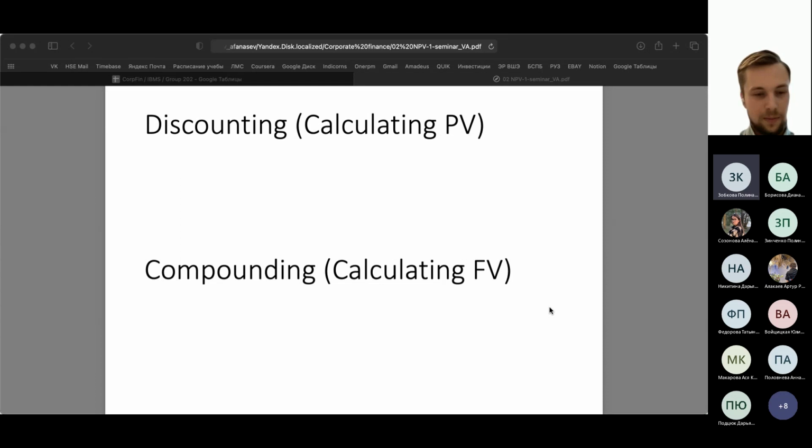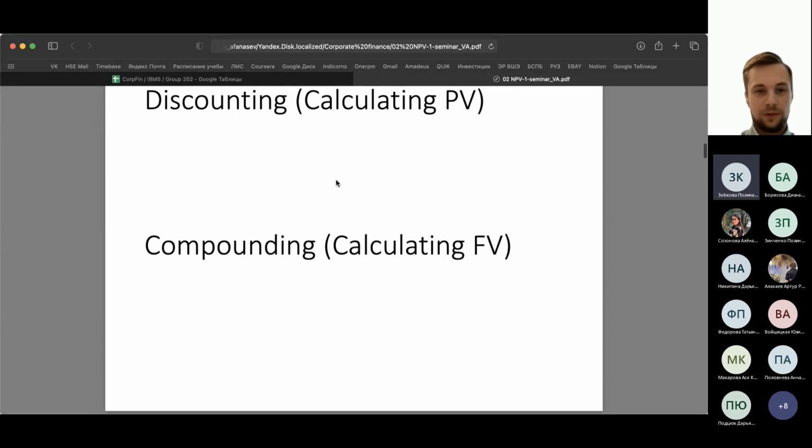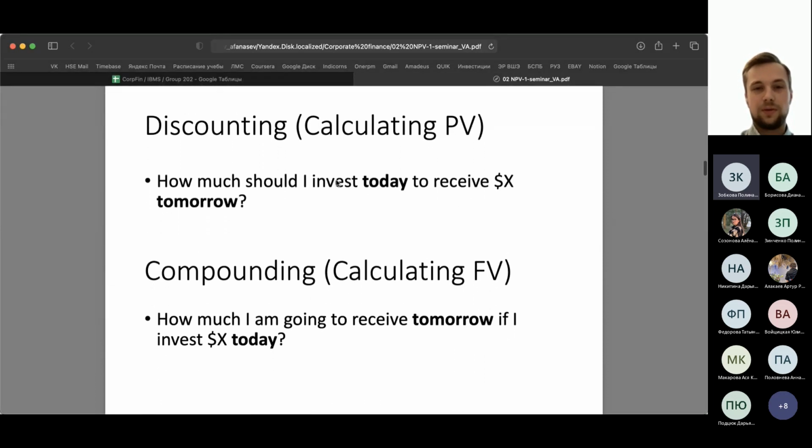Yes. In other words, when we are talking about discounting, we are answering the question: how much should I invest today? So what is the present value of my future cash flows, to receive some cash flow tomorrow? And compounding is the opposite thing: how much am I going to receive tomorrow if I invest, for example, 100 rubles today?